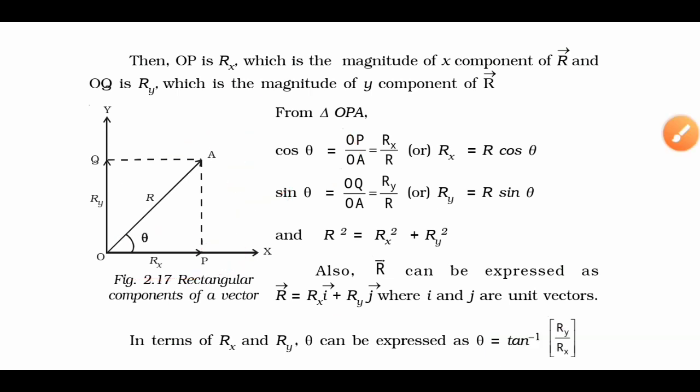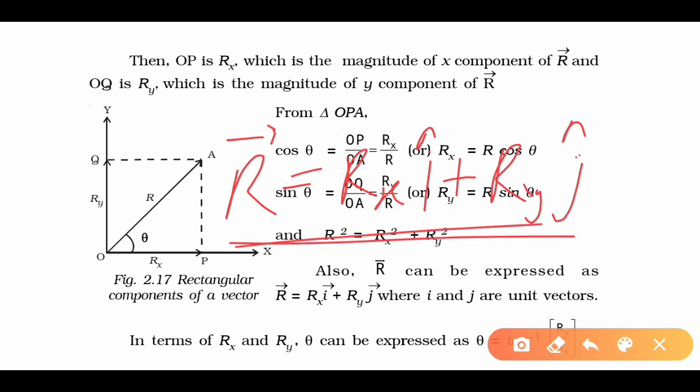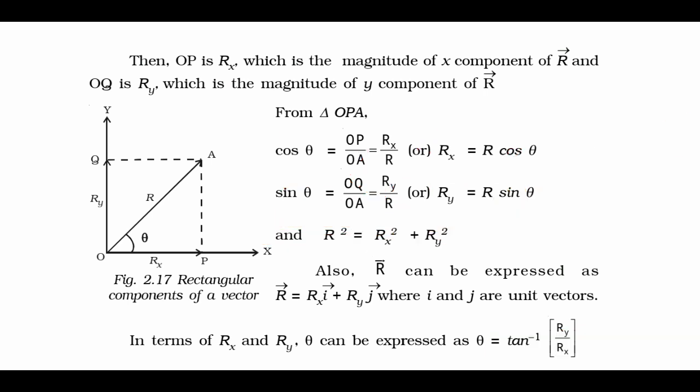So R vector can be written like this: Rx i cap plus Ry j cap. Clear? So this is the vector in the form of i cap and j cap, that means unit vectors.